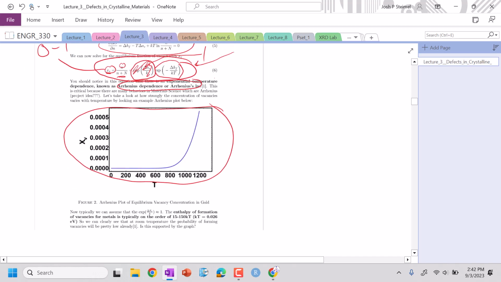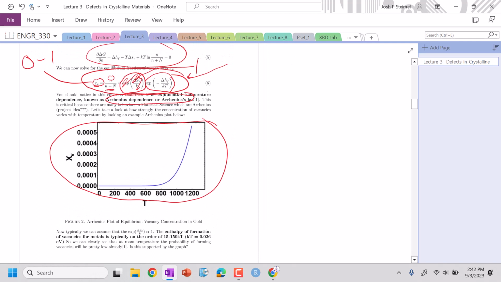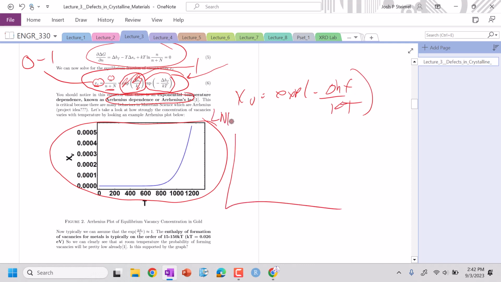Now, often when you look at these Arrhenius relationships, which look like x of v equals some exponential of minus delta Hf divided by kT, it's nicer to plot the natural log of x of v versus 1 over T. The reason we do that is that you'll see a straight line.